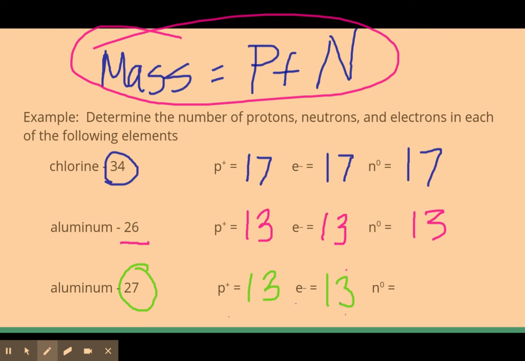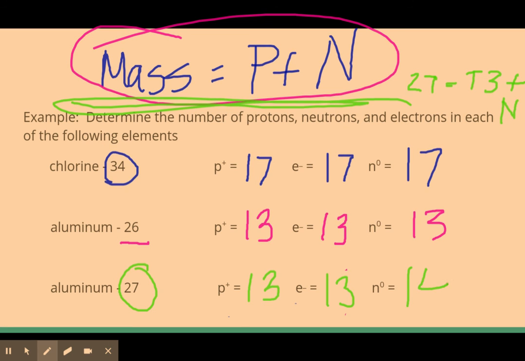And now for my neutrons. If I go back up to my equation up here, mass equals P plus N. So 27 equals 13 plus N. If I subtract 13 from each side, my N is going to be 14.